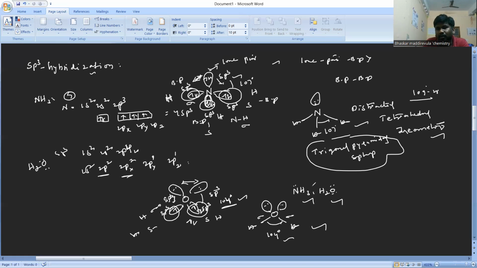In ammonia, the central atom nitrogen consists of 1 lone pair. Oxygen in water consists of 2 lone pairs. Because of these lone pairs, the geometry is distorted from the tetrahedral.